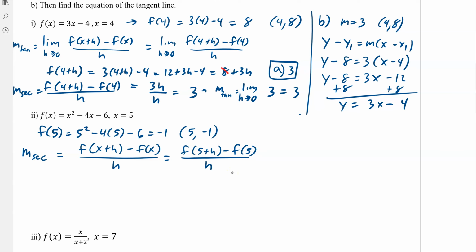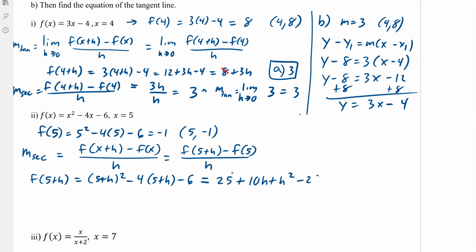So let's try this. f of 5 plus h would be 5 plus h squared minus 4 times 5 plus h minus 6. And that's 25 plus 10h plus h squared minus 20 minus 4h minus 6.